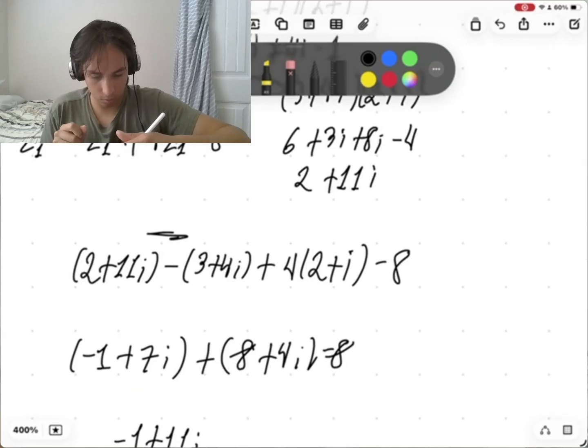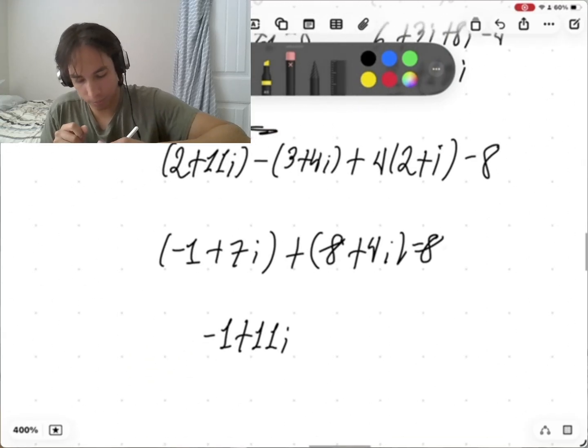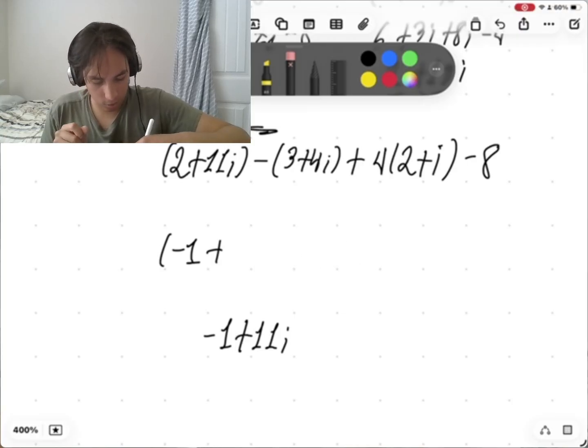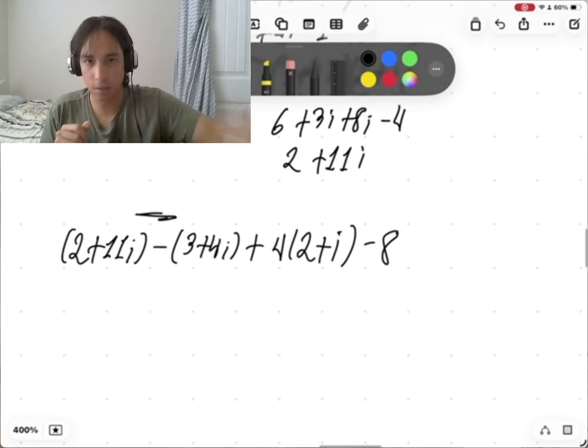Oh, I see where I went wrong. I see what happened. You see, I'm telling you, when there's a lot of computation or a lot of steps, I tend to mess up.